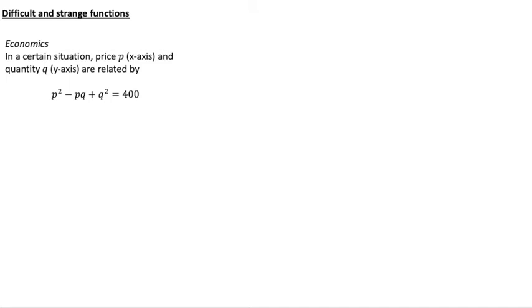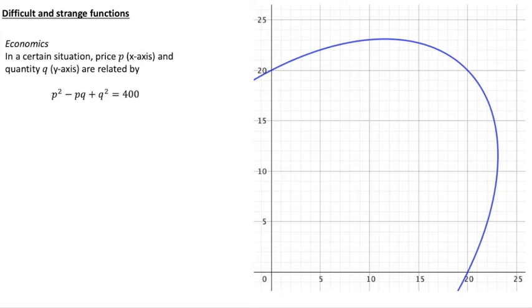And if we graph this, we can see that it's not like an ordinary explicit function, because it goes back on itself. So if we think of the value on the x-axis of 20, then does 20 map to 0 or does 20 map to 20? Well, it maps to both, and similarly for a number of other points.